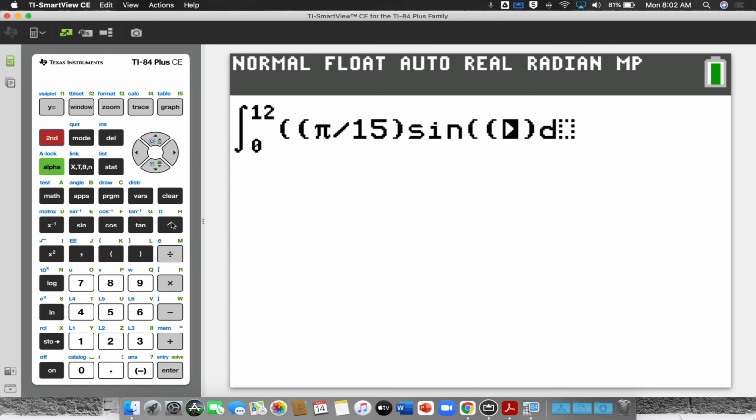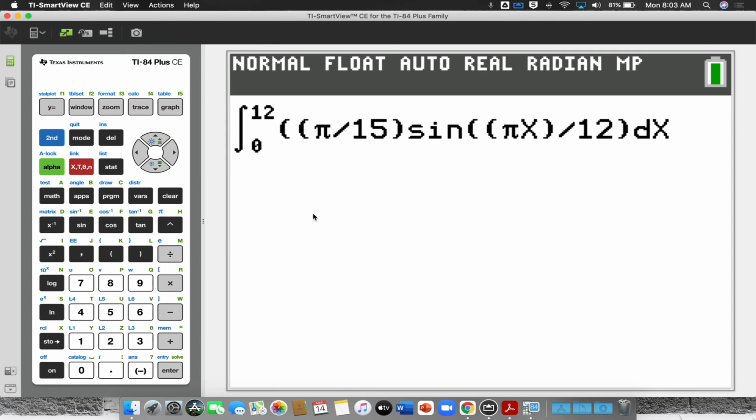So I'm going to put parentheses in there. Pi x, close the parentheses, divide, and then the numerator is 12. And make sure all my parentheses are closed. Looks like they are. Nope, I need one more parentheses. Insert. So if you open a parentheses, you've got to close it.